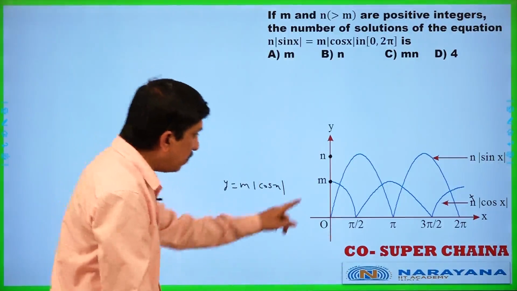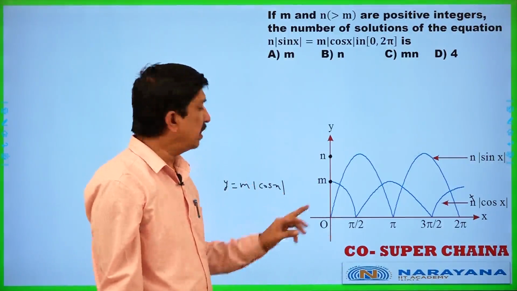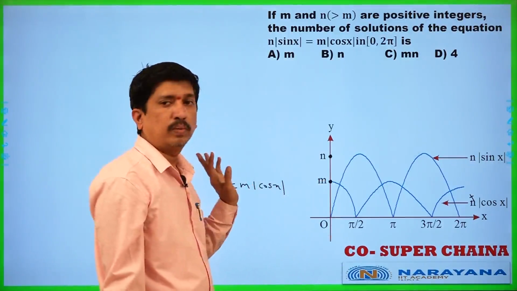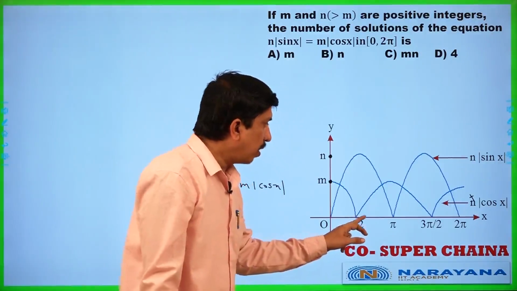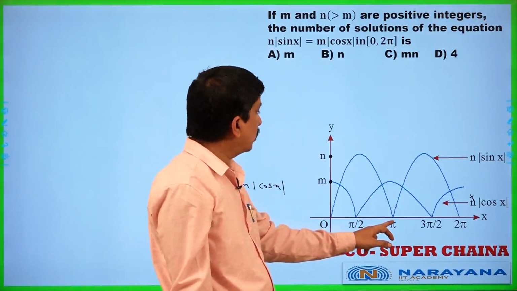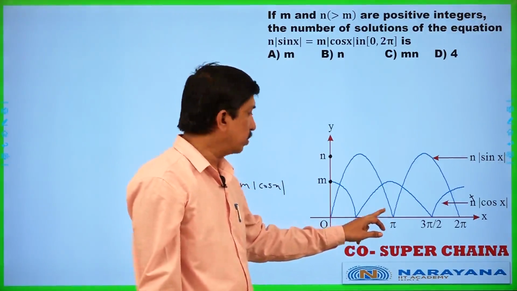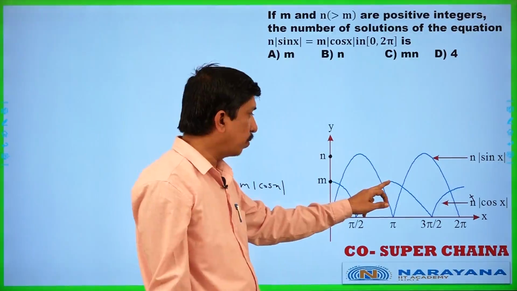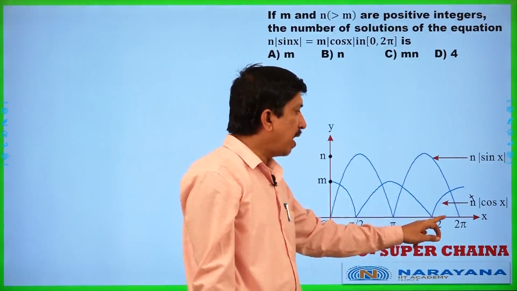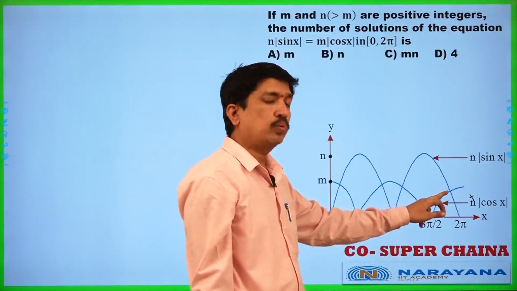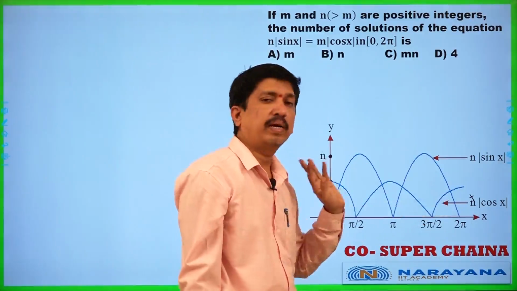So y = m|cos x|. cos 0 is 1, so m into 1, here you get m. cos 90 is 0, you will get it here. cos pi is minus 1, but with modulus it is positive 1, m into 1, m only, here you get m. 3 pi by 2 is 0 only, again cos 2 pi is 1, 1 into m, you get m only, here.